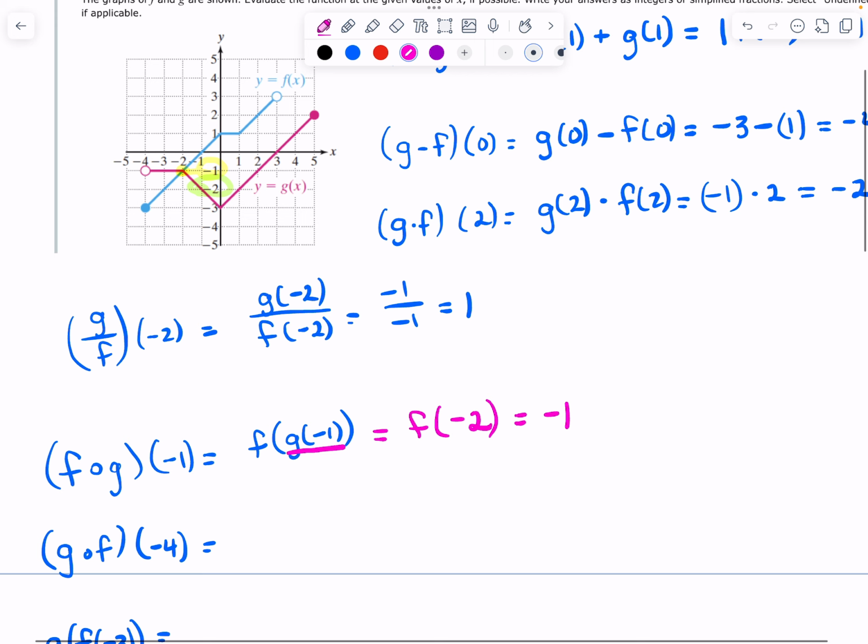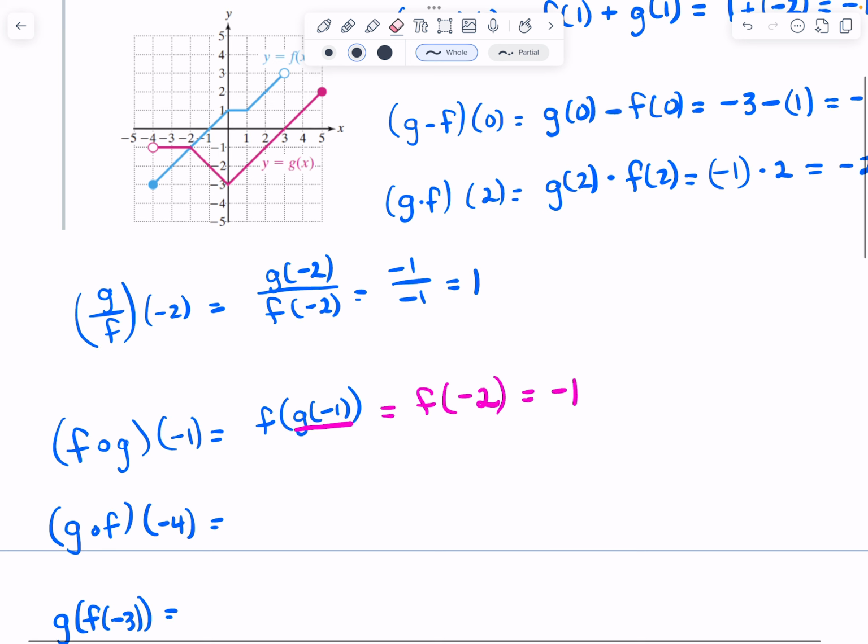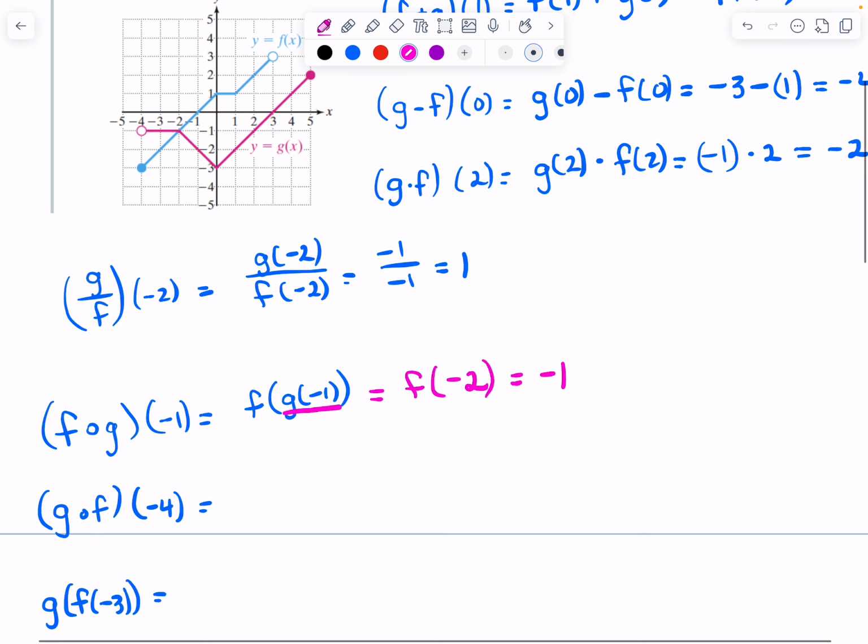Now let's see if we can do the same thing with the next one. So the next question, we're doing g evaluated at f of -4. So we're going to take the g function, and evaluate that at f of -4.